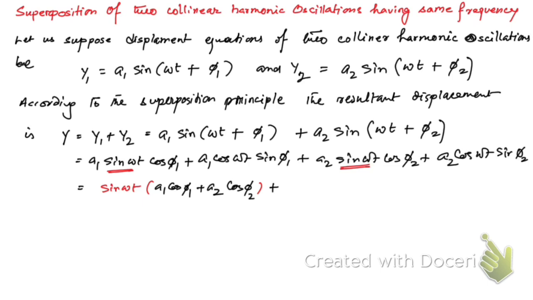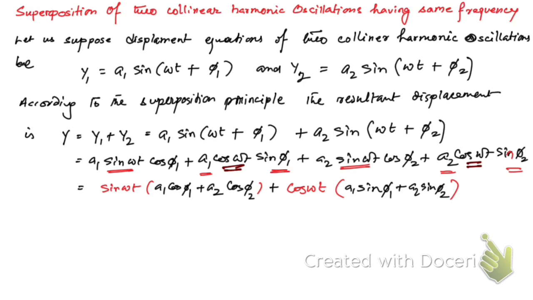Plus, similarly, if you take cos omega t common, then within the bracket we're gonna end up getting a1 sine phi 1 plus a2 sine phi 2.